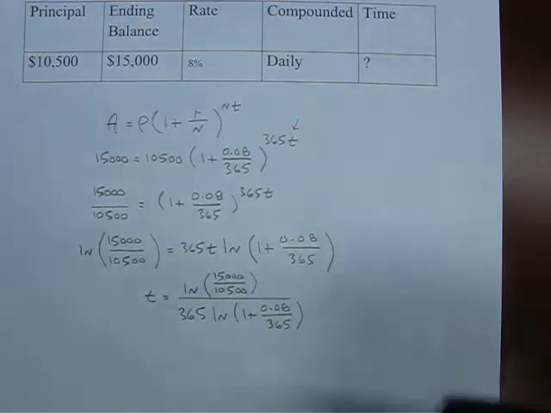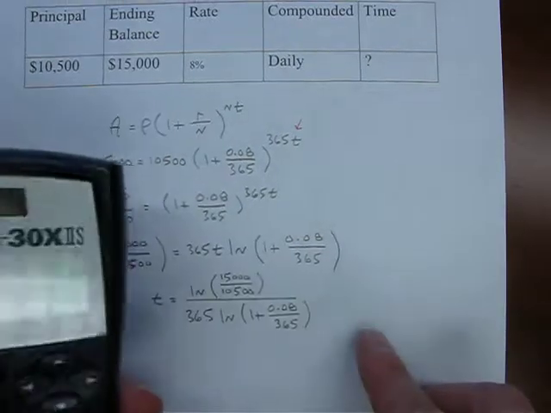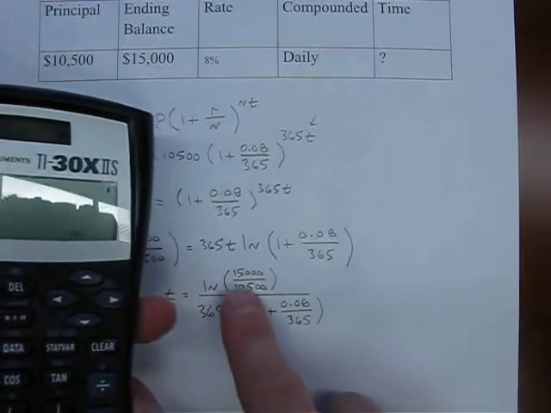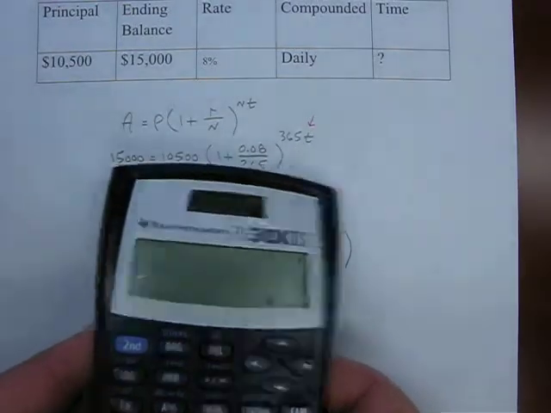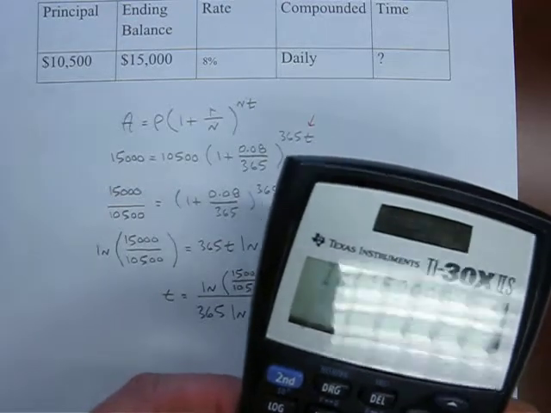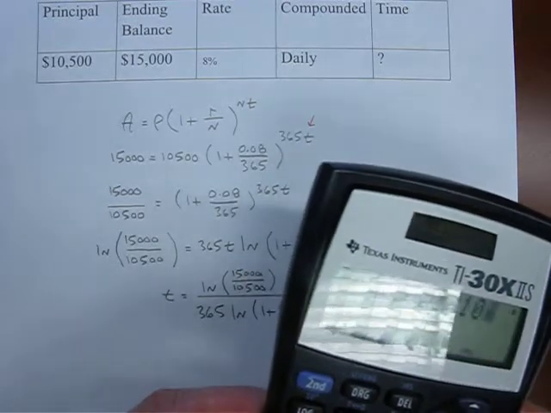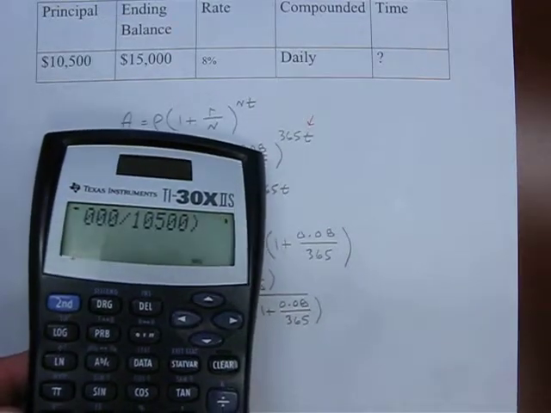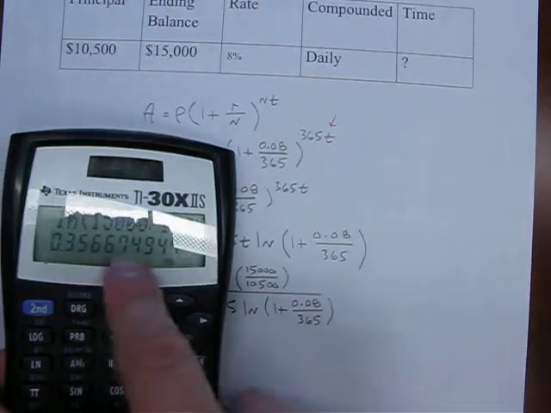Here's how I'll do this. I'll figure out this top number, so let's do that first. Natural log 15,000 over 10,500. And so that ends up being like so.